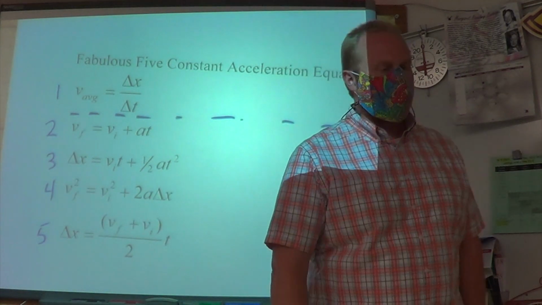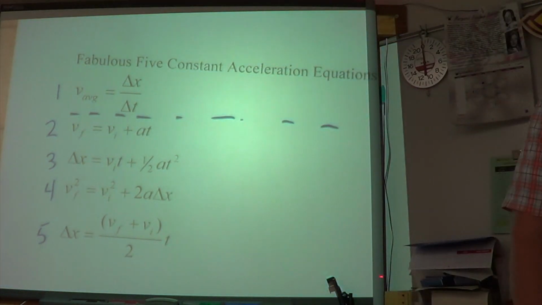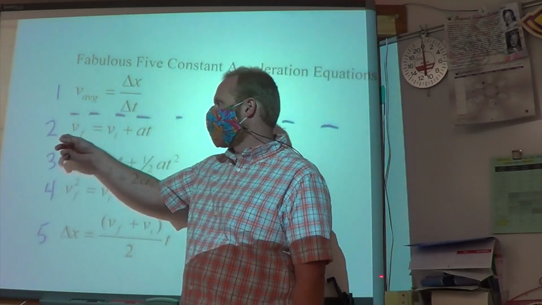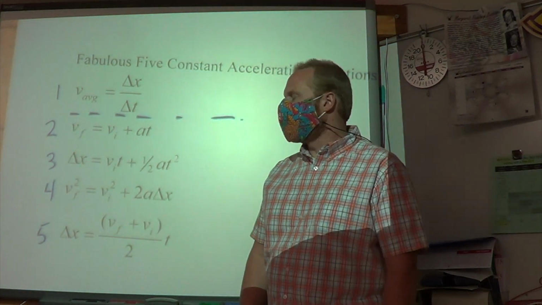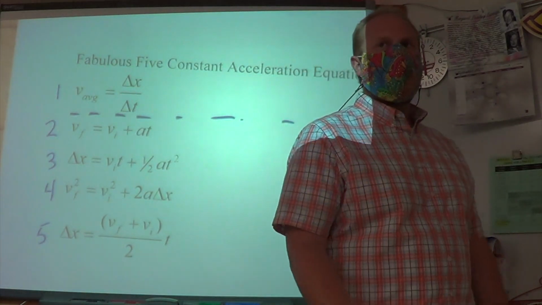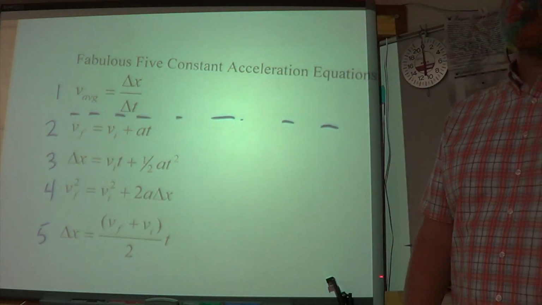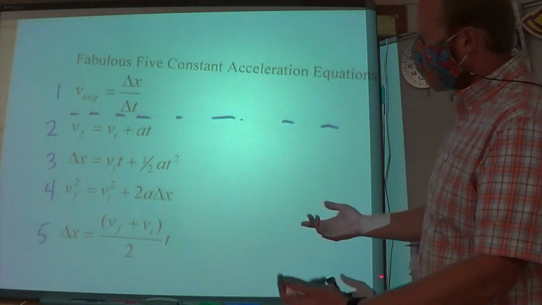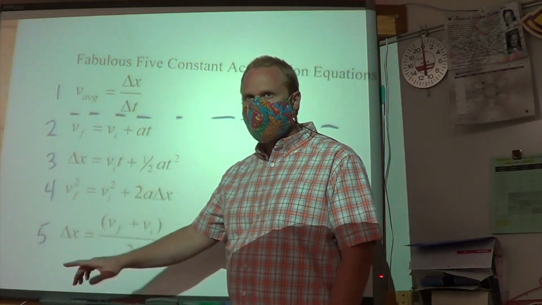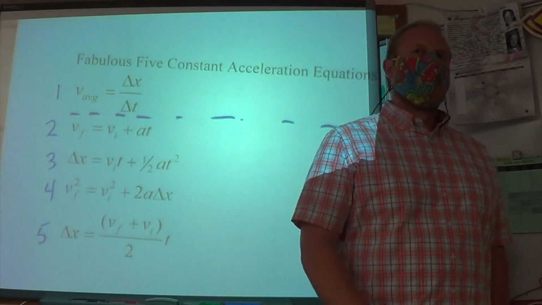Now, I'll just say this right now to get it taken care of. Most years I have some students say, hey, if you ask me to solve for final velocity, I got an equation. If you have an equation that asks me to solve for delta x, I got it. But what happens if I need to solve for acceleration, or I need to solve for time? There aren't any equations that have time over here. Okay, so let me just address that right now.